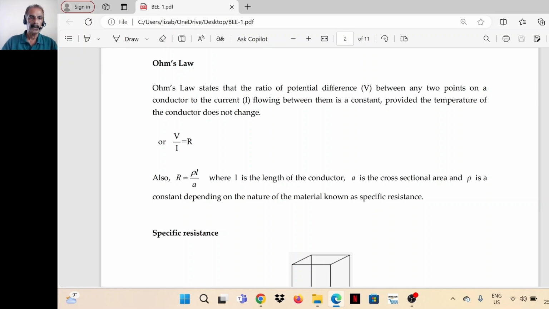So Ohm's law, as you know, states that the ratio of potential difference between any 2 points on a conductor to the current flowing between them is a constant, provided the temperature of the conductor does not change.